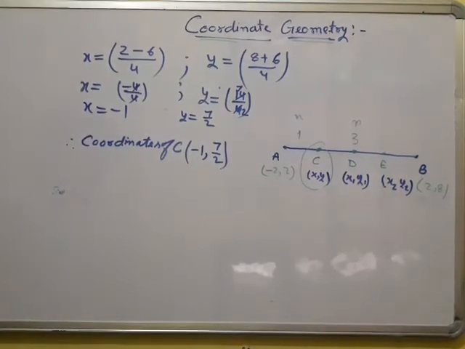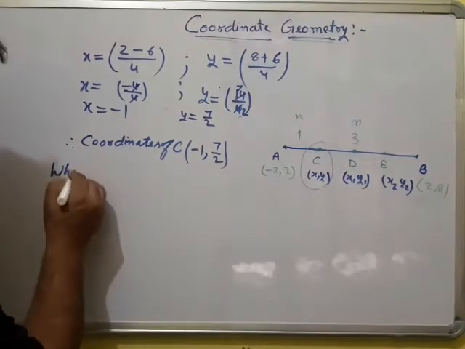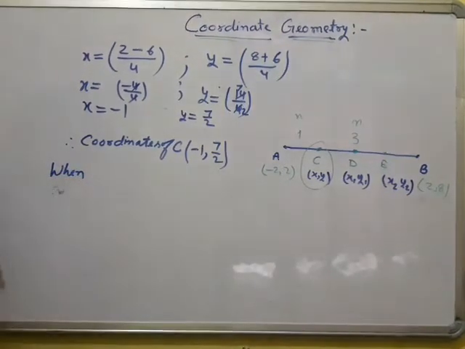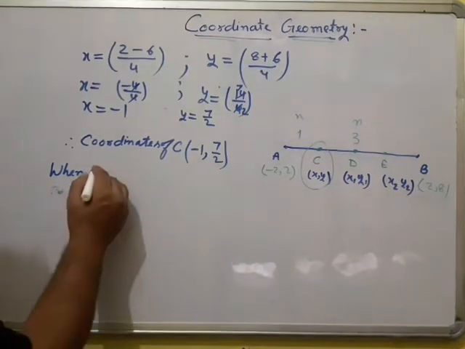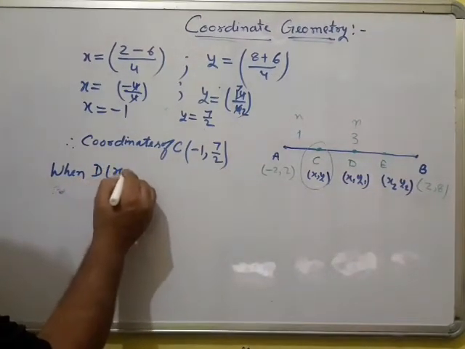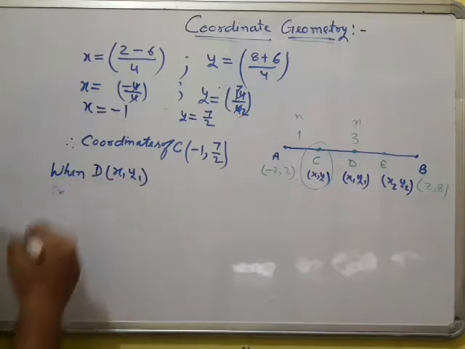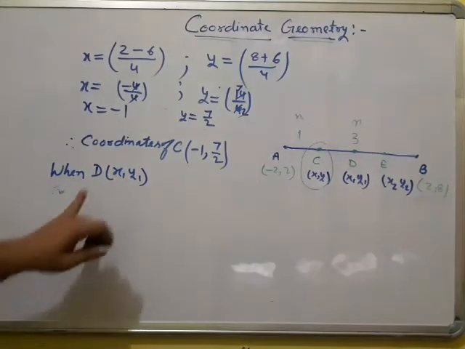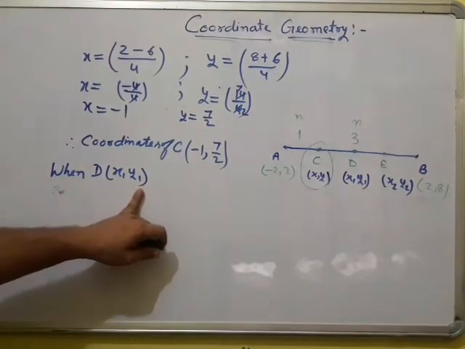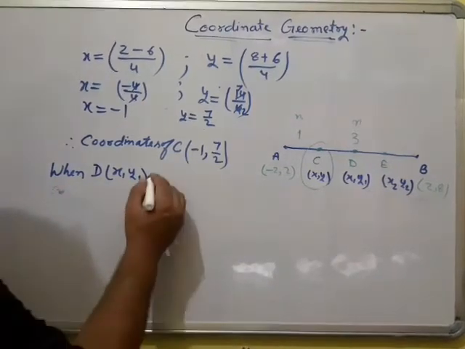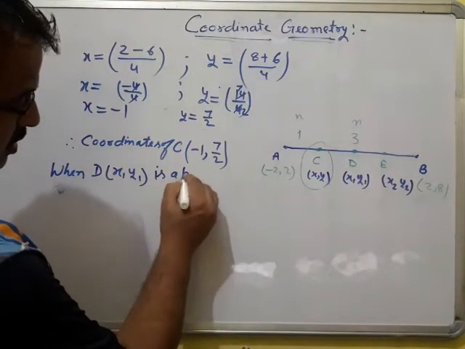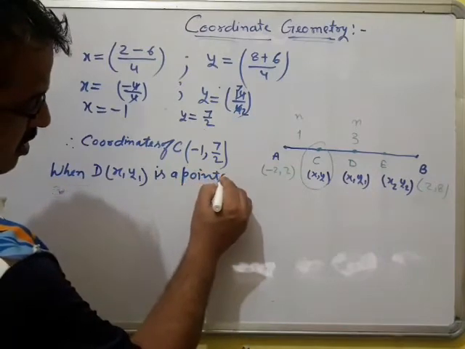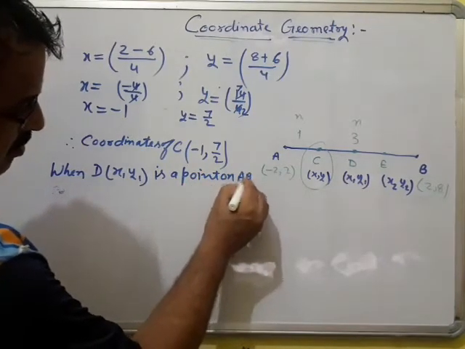Clear? Point D. Right here. D is (x1, y1), clear, is a point on AB.